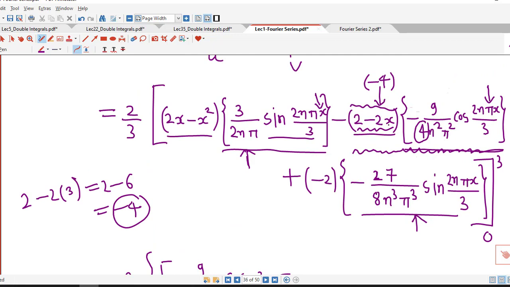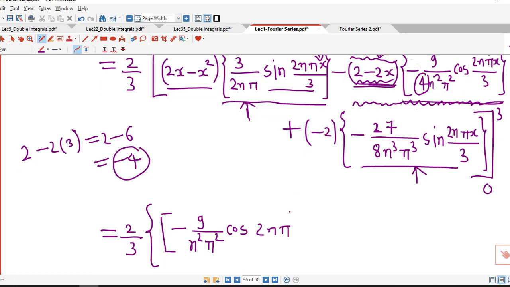Again I repeat, when x is 3, 2 minus 2x becomes minus 4. This 4 will cancel out with this 4, and we have 3 times minus 1 multiplied, so we have minus 1, and 9 divided by n square pi square cos 2n pi. So this is the contribution for x equal to 3. So this is for upper limit.